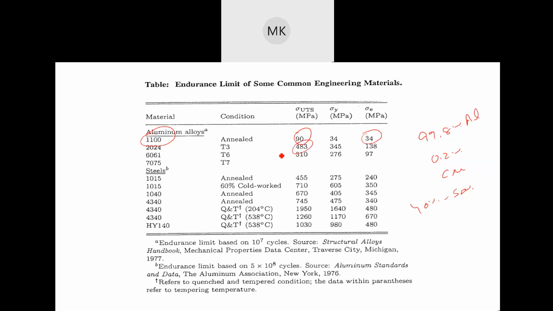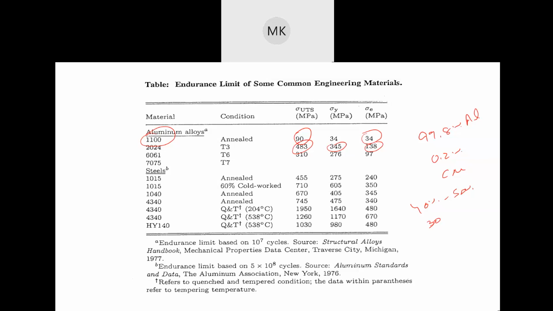2024 aluminum is a little different. That could be something a little below 40%, so it's around 30%. But that's just for the T3 temper. A normal 2024 alloy with no heat treat will have lower strength also, and would be a little lower.